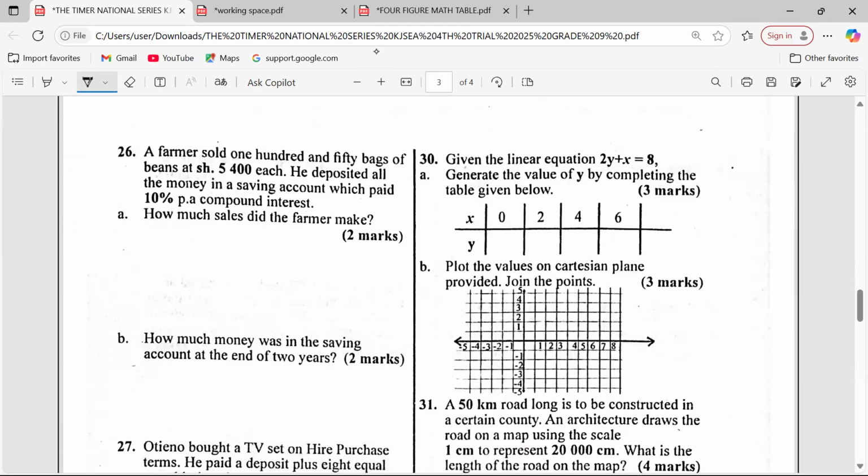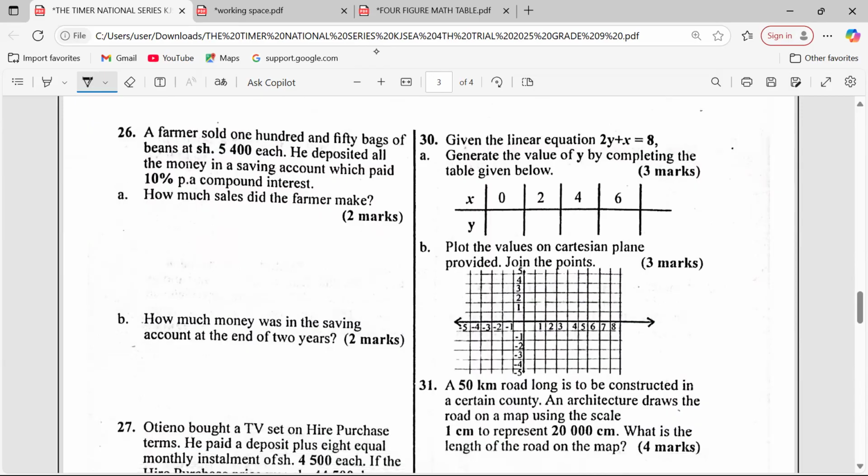Number 26. A farmer sold 150 bags of beans at 5,400 Kenya shillings each. He deposited all the money in a savings account, which paid 10% per annum compound interest. How much sales did the farmer make? 150 bags of beans times 5,400 each bag.